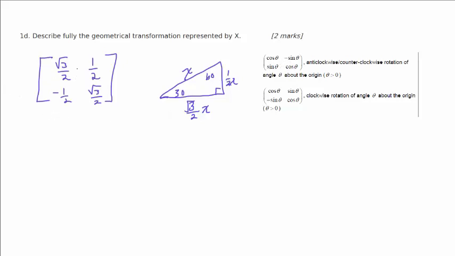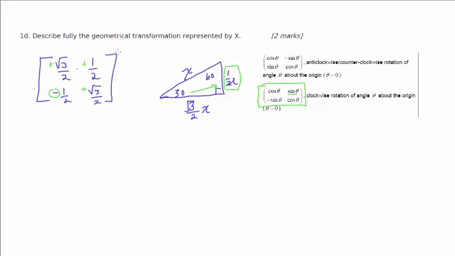Now the thing to look at is the pattern here. I have positive, positive, negative, and positive. When I look at my two options here, it's this bottom one that follows this pattern. The sine 1/2, my 1/2, is over here, and it's opposite 30 degrees, which tells me we're talking about the sine of 30 degrees.